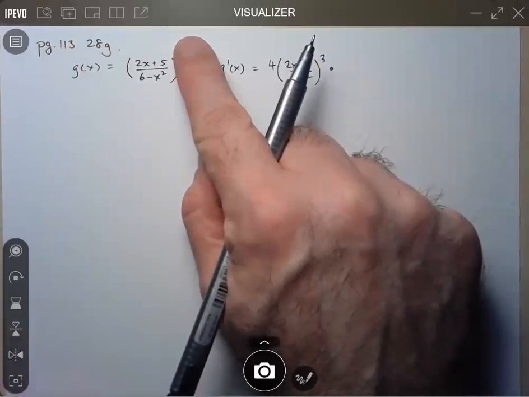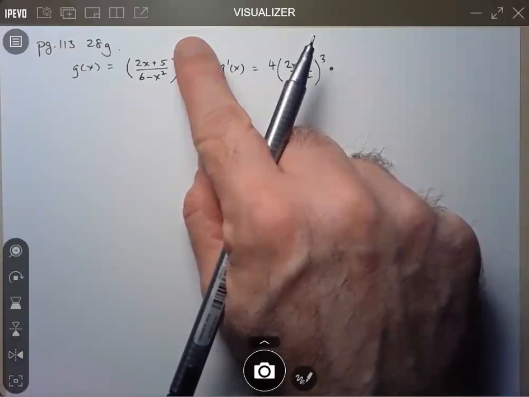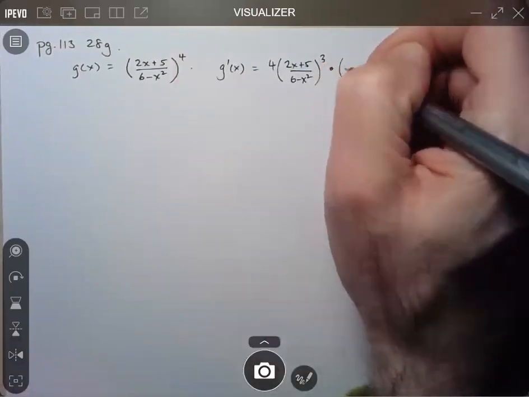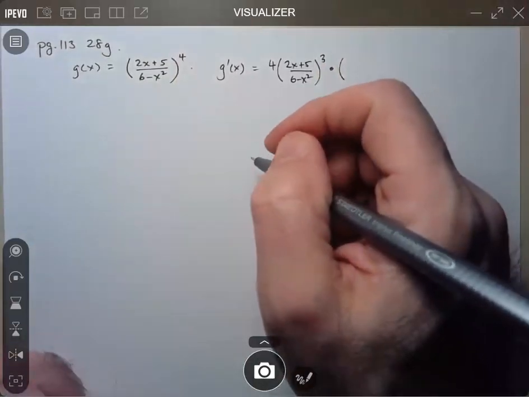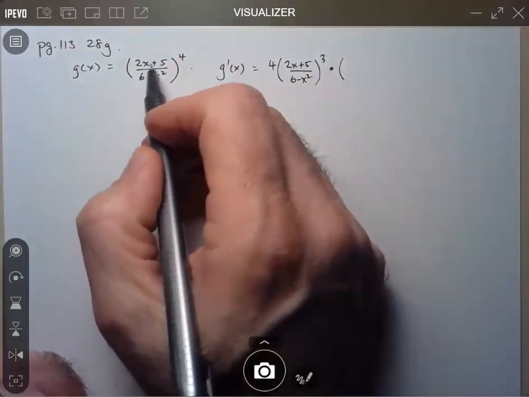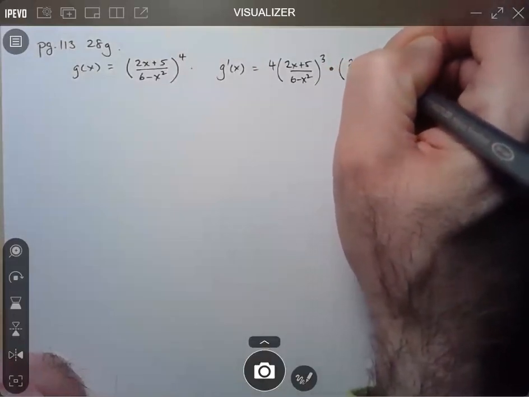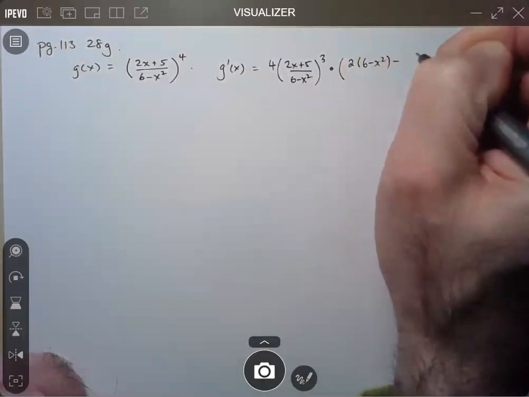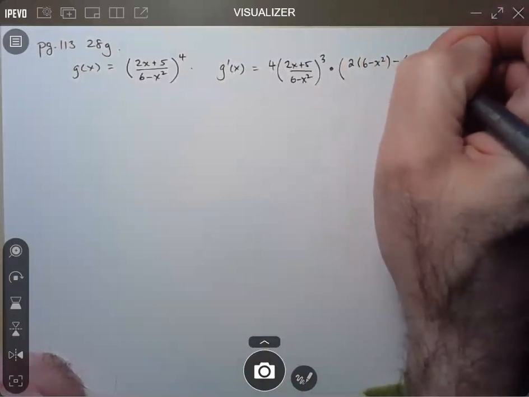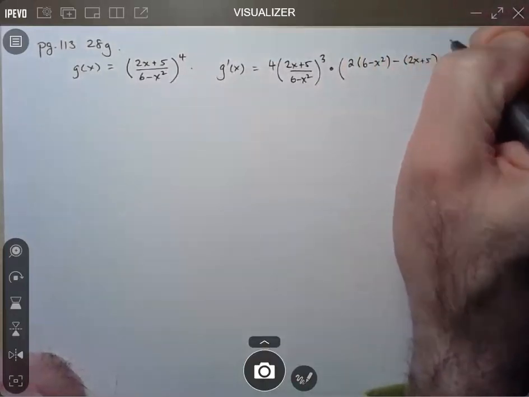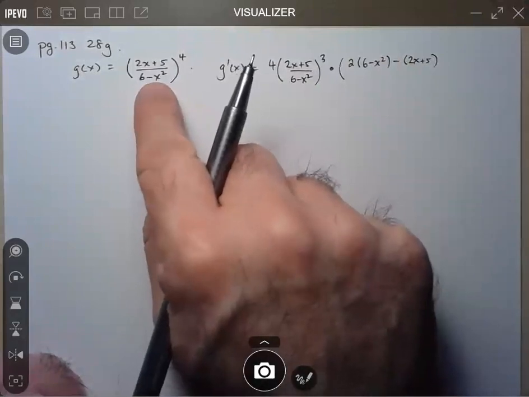Of course, the derivative of that inside function is going to require the quotient rule. Okay, so let's try to carefully do that. So derivative of the numerator, it's just a linear function, so it's just 2 times the denominator function, 6 minus x squared, then minus the numerator function, 2x plus 5, times the derivative of the denominator function.